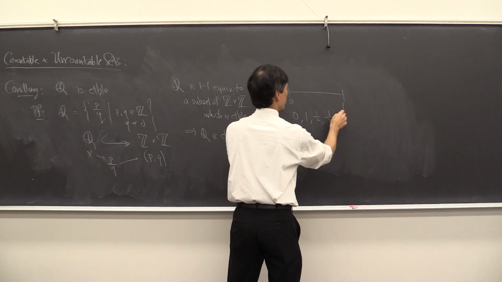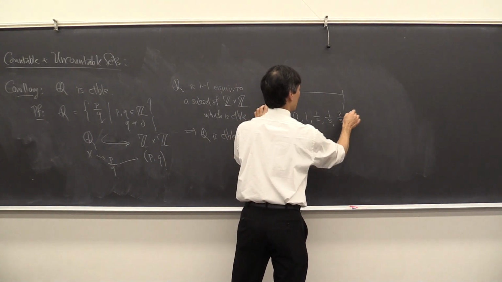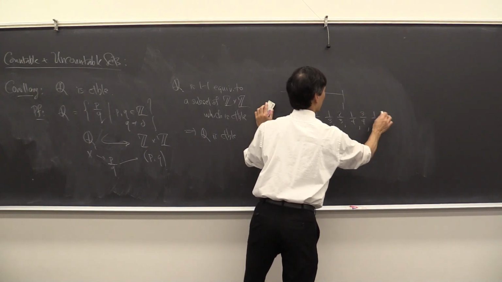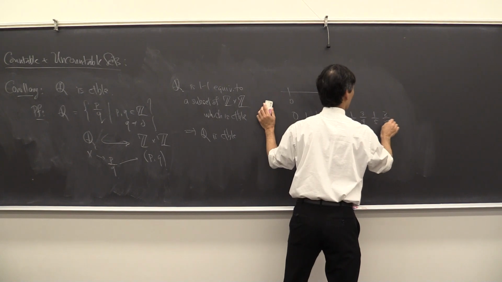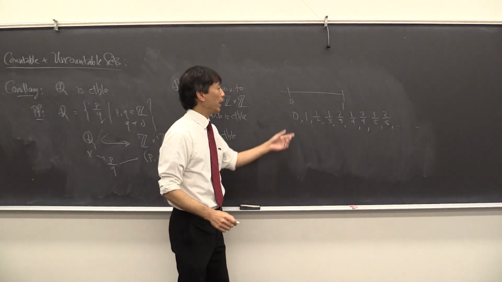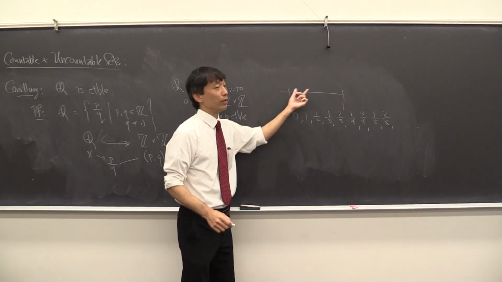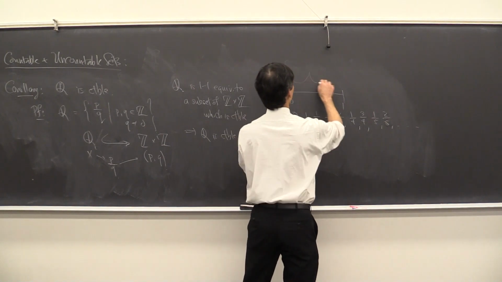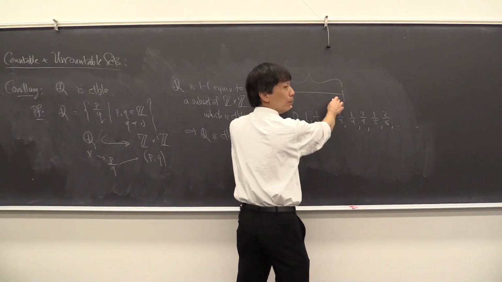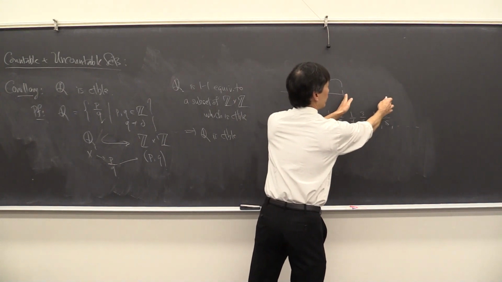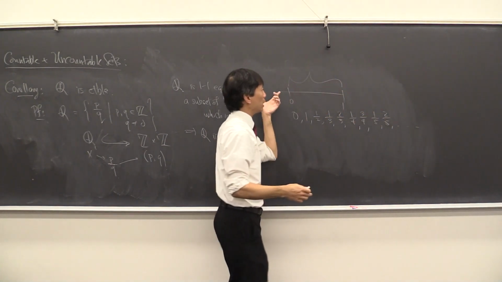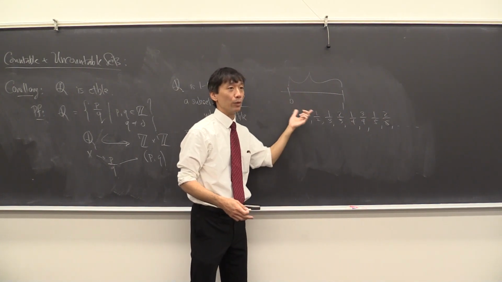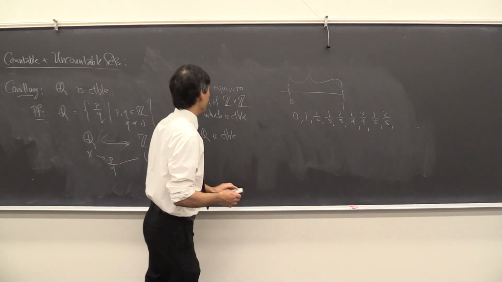We look at things with denominators of 3, then denominators of 4 that haven't been counted already, then denominator of 5, et cetera. In doing this, we get every single rational number between 0 and 1, which means they are countable. Then you can do it for every interval, and that's a countable union of countable sets. And so Q is again countable. Maybe that way is more straightforward.